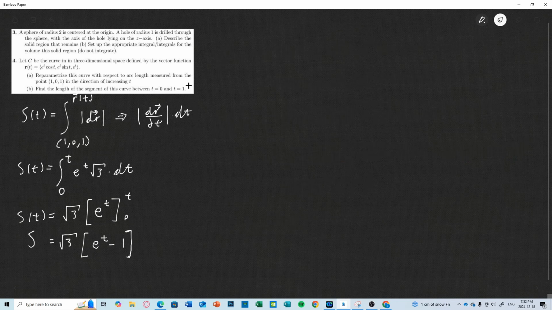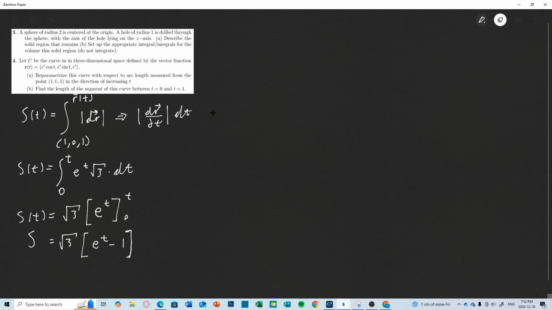And since we want to reparameterize it, what we need to do is make this s equal to r of t, and then we replace r of t with our original function. We replace the t in the original function with our new variable of s.